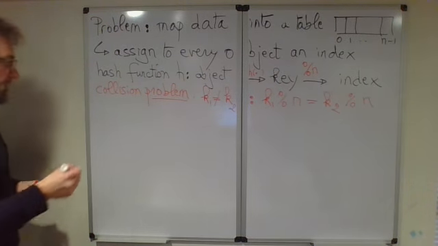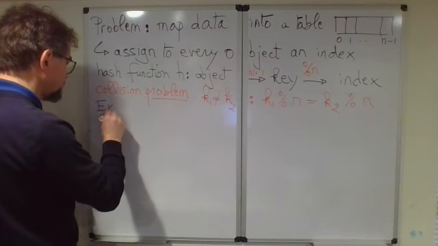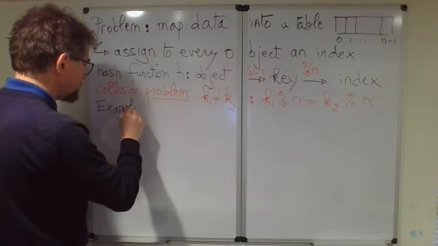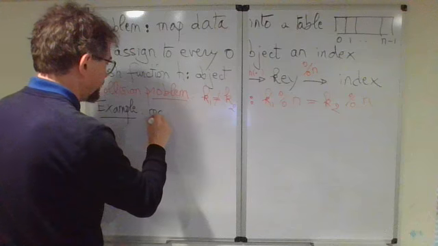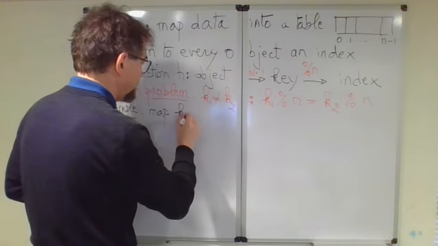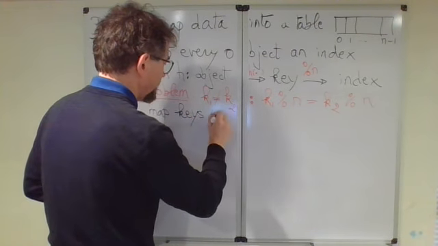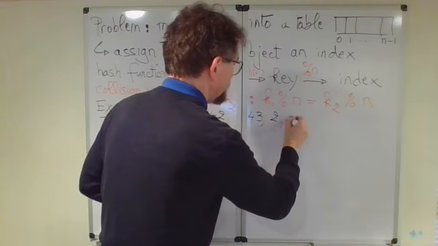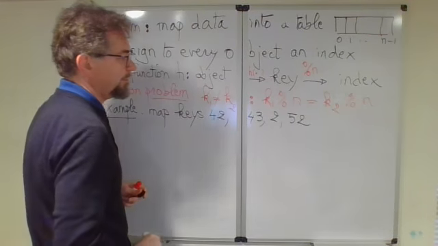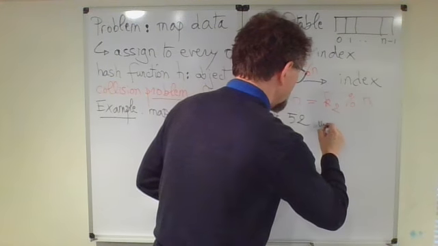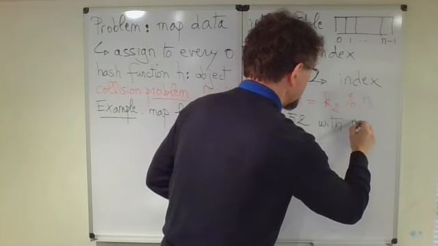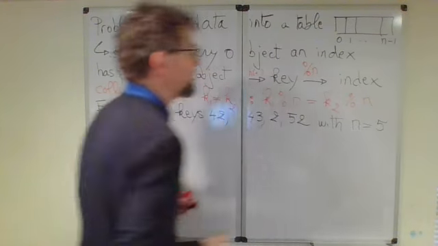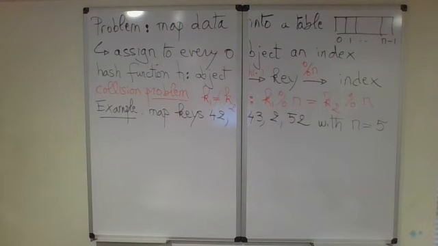Let's look at an example. So we're going to map some keys, say 42, 43 to 52, in a table with capacity 5. So we have a table of capacity 5.